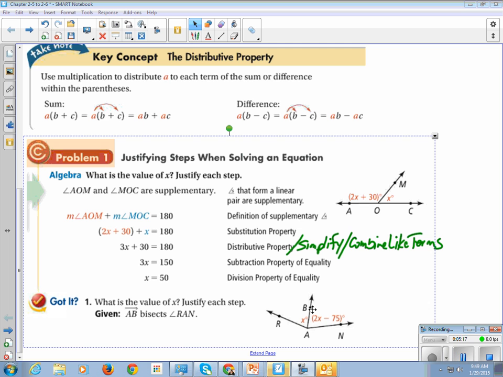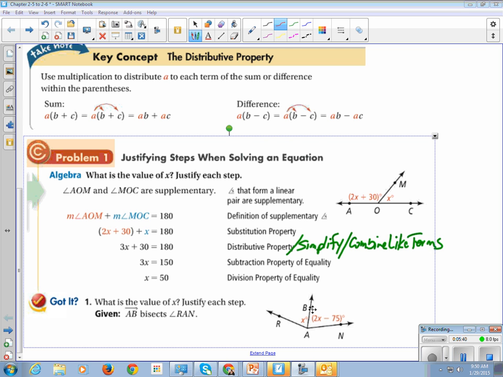When you're justifying your steps, you have to put words to the things we just did without an explanation. Now you're showing your work and you're justifying it. You're explaining what you're doing. So we go from 3x plus 30 equals 180 to 3x equals 150.